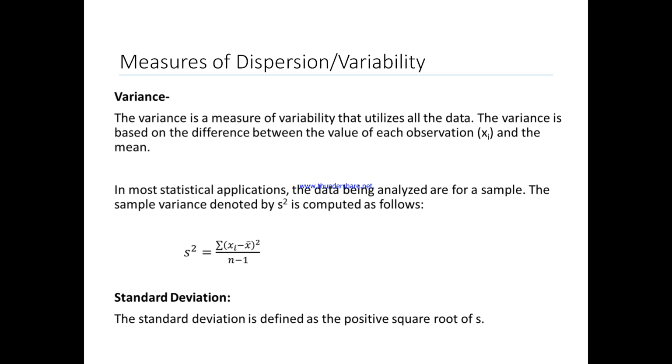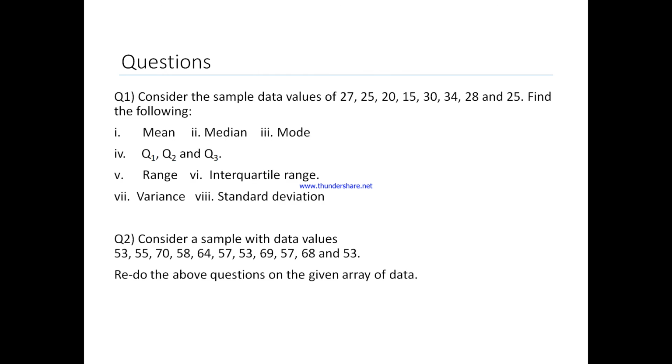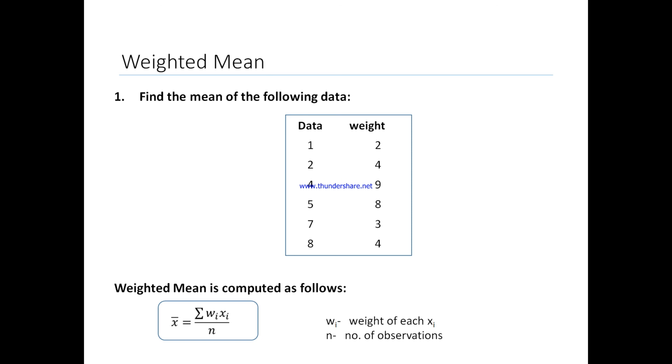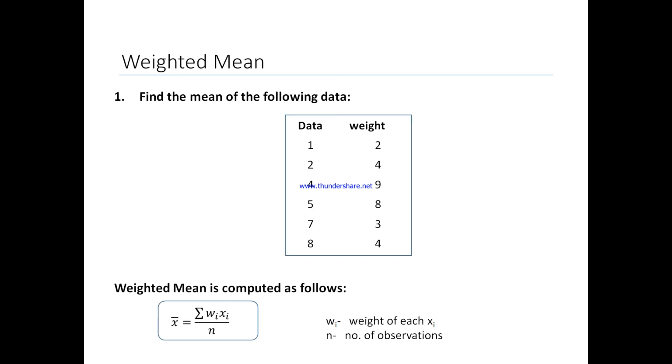So we prefer standard deviation rather than variance when you want to calculate the measures of dispersion. The standard deviation is just the square root of the variance. You have some questions that you can give a try at home, and if you have any questions you can let me know.